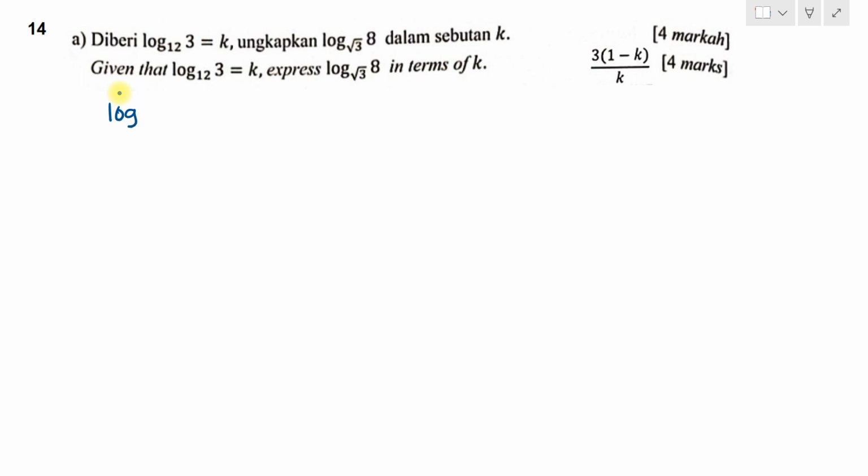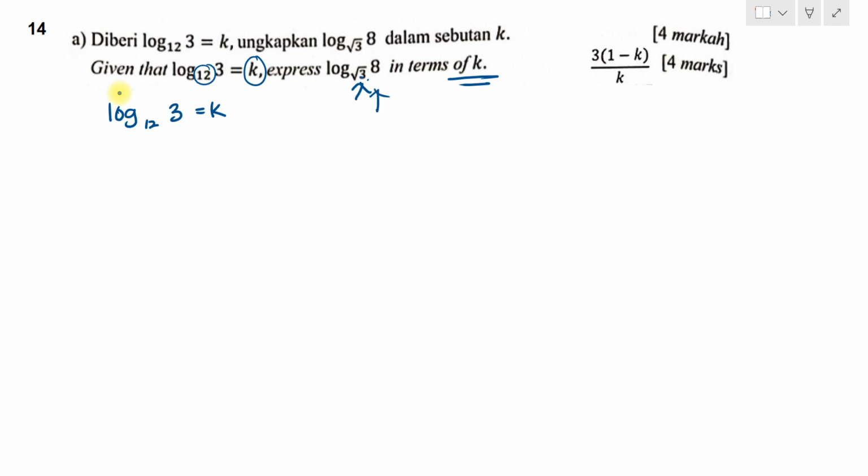Okay, it is given that log 12 3 equal to k. Now we need to express this in terms of k. You want to use k, it must be in base 12. You ada base 3, macam mana kita nak guna? Okay, so we change this part.